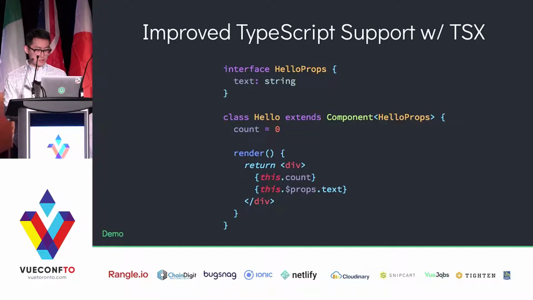And if I just don't do anything, it also gives me an error saying text is required because it's not an optional property. So if I make it optional, the error goes away. So full TSX support, if you're into that, which is really helpful if you are big on type inference.